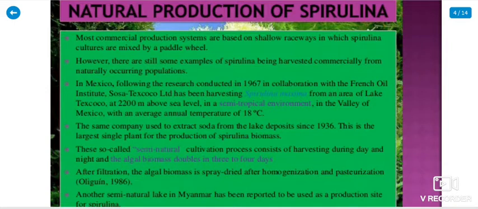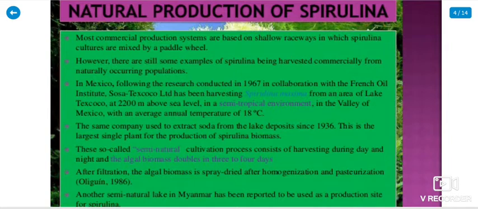In some countries, following research conducted in 1964, the country is Mexico, in collaboration with the French Oil Institute, at 2200 meters above sea level in a semi-tropical environment, a lake with spirulina spread over the area.